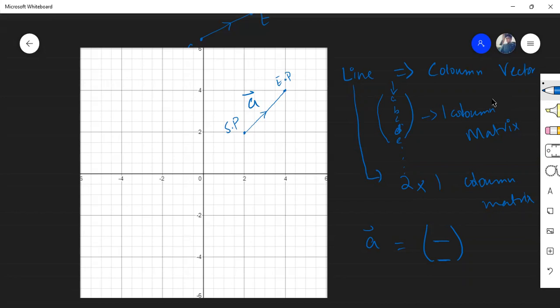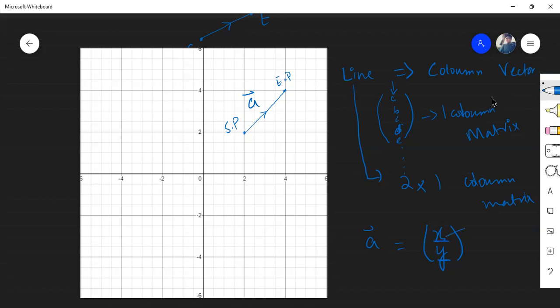On the first entry, we always write the x value, and on the second entry, we always write the y value. This is the correct way to write the column vector.